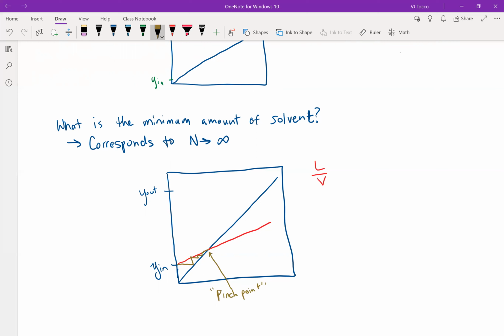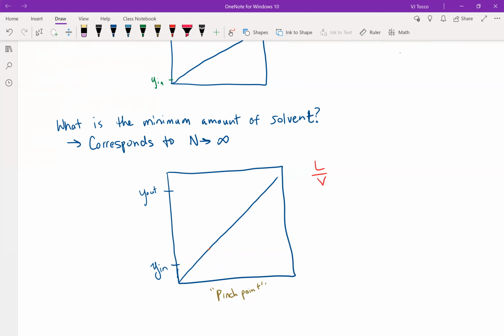Right, so if my solvent flow rate is low enough such that I intersect the equilibrium data before I reach y out, remember that this y end, we'll call it, is less than y out. We're not reaching the desired specifications. So we're going to have to increase the solvent flow rate a little bit. Okay, so what does that look like?